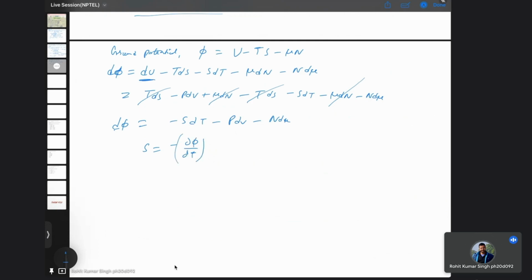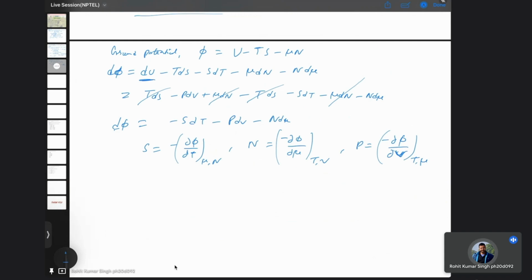And so we can write entropy as derivatives of this phi with respect to the thermodynamic quantities, and finally pressure as well.